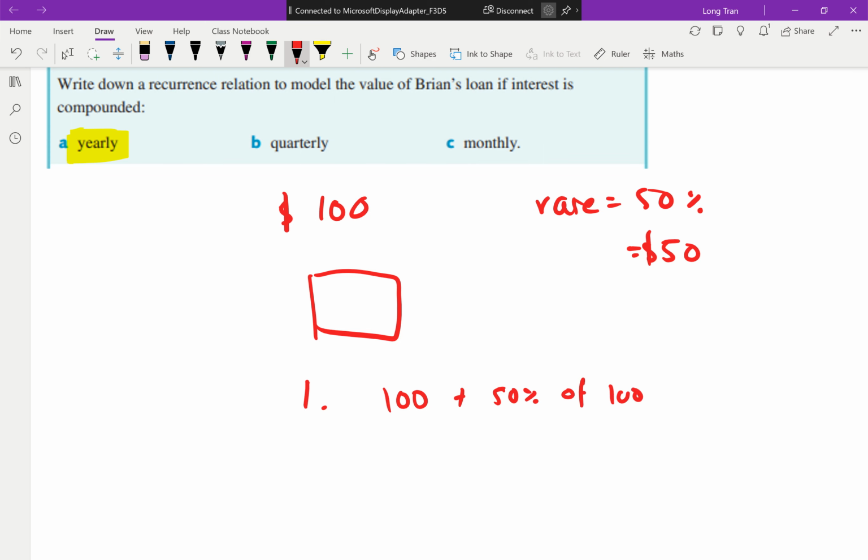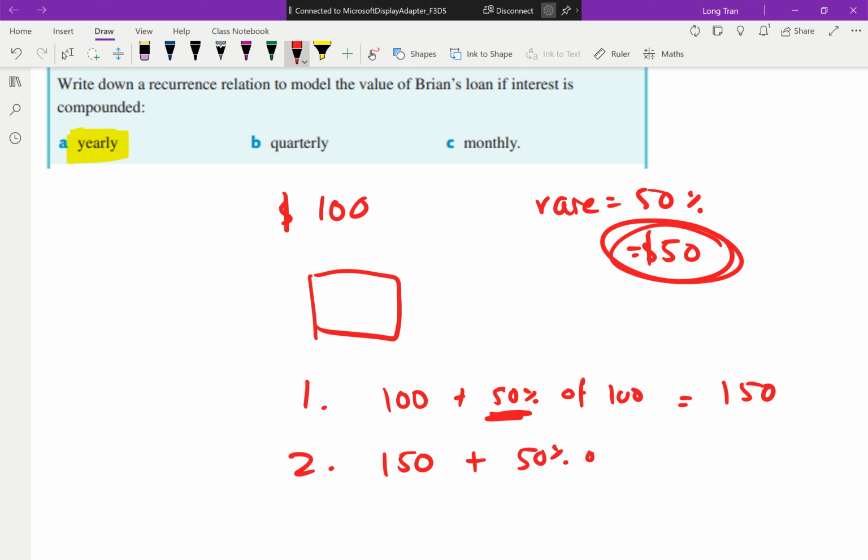Great, that's simple interest. But then in the second year, it's not an extra $50 again. They're now doing 50% of your previous. So it's $150 plus 50% of 150.